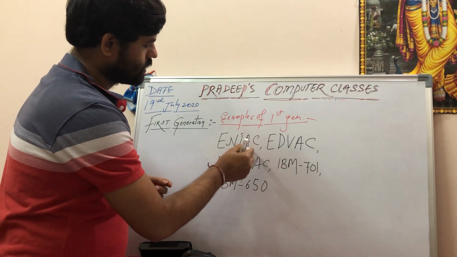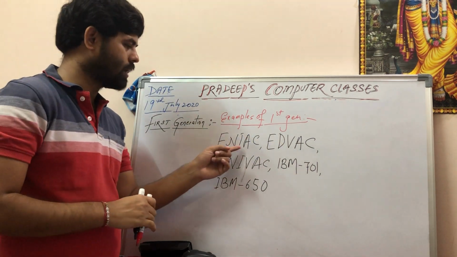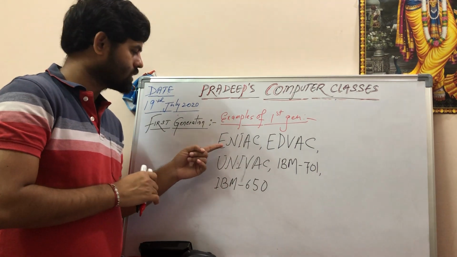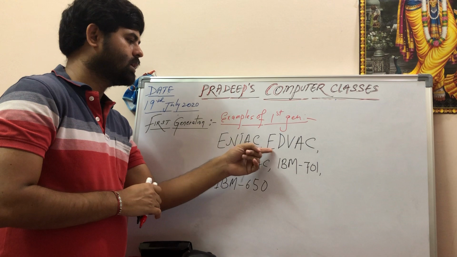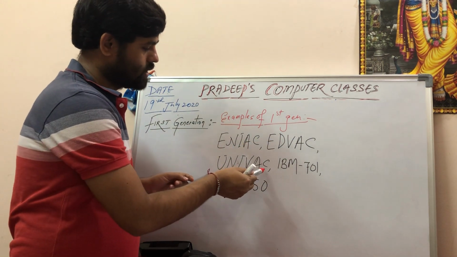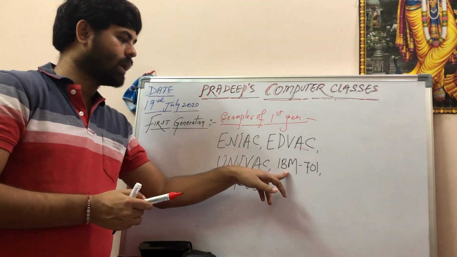The VAC means vacuum tube, because we were using vacuum tubes, so they might have given the names like that, but it does not have a proper meaning. You just have to remember ENIAC, EDVAC, UNIVAC. So IBM 701.